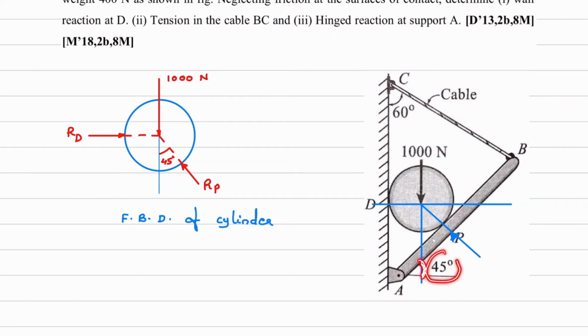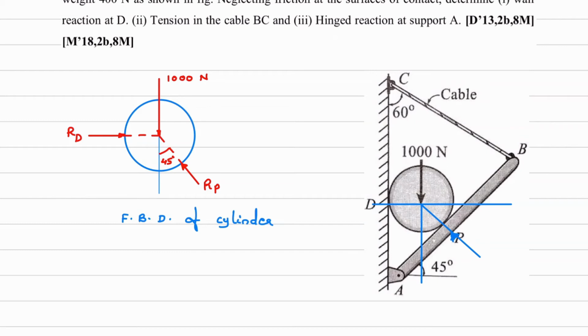This angle is 45 degree. Now for this AB, this P is perpendicular, and for this horizontal, this vertical is perpendicular. So this angle will also be 45 degree. So that is why I have shown over here this angle as 45 degree.